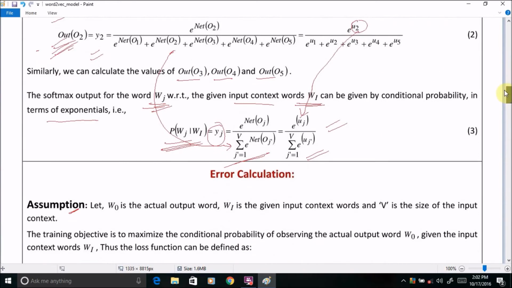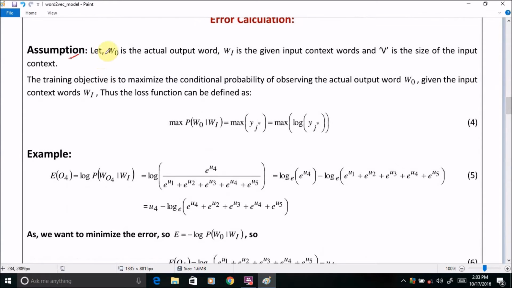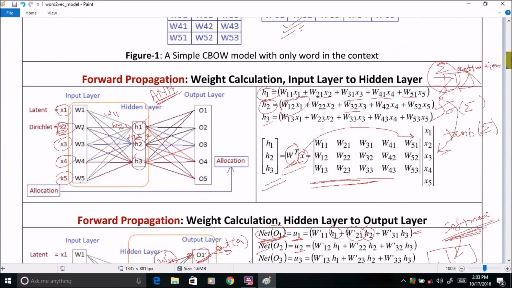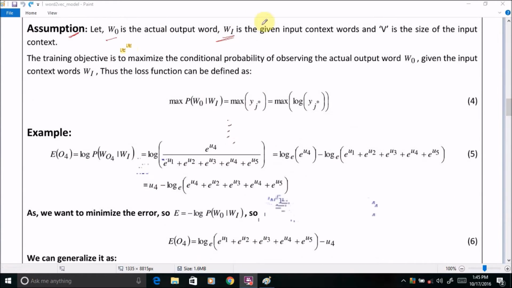So now let us start the error calculation. Here we have some assumptions: let W0 be the actual output word and Wi the given input context word. In this case, our actual output word W0 is allocation and our input context is latent and Dirichlet, and V is the size of the input context.